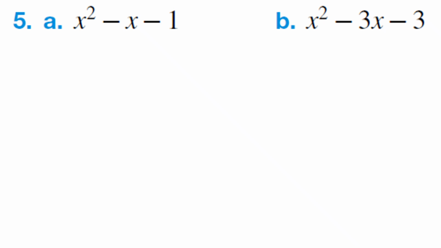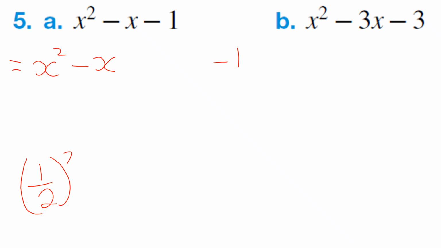If we do this, x squared minus x minus 1. To complete this square, we're going to have 1 divided by 2. So that will be a half. And then we have to square that. So it will be plus 1/4 minus 1/4.